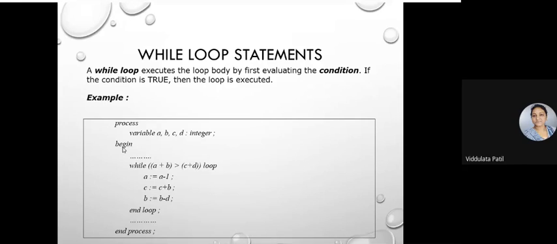B is equal to B minus D. Now the earlier value of B is 6, D ची value 2 आहे. So 6 minus 2, that means B will now have value 4. Okay, so now A has a value 6.